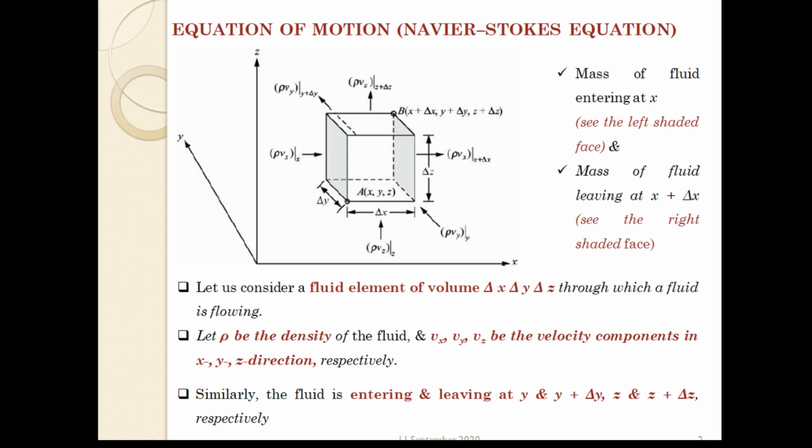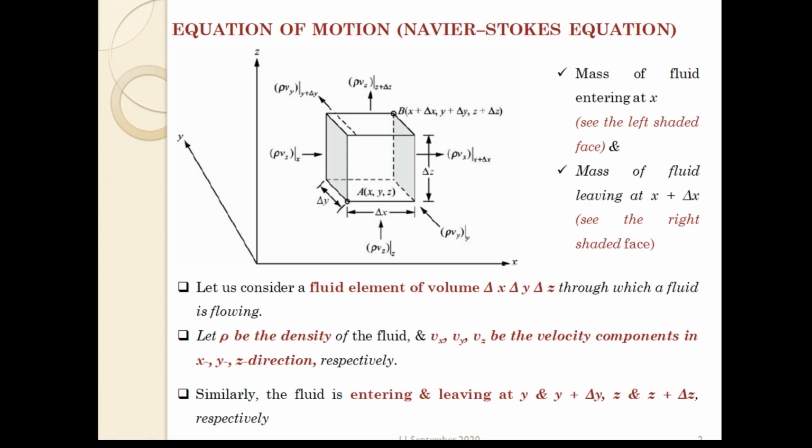One is the convective momentum, which is due to the flow of fluid, where some mass of the fluid per unit time crosses the surface area, and that mass has a velocity at that point. So the mass flow rate is mass into velocity.